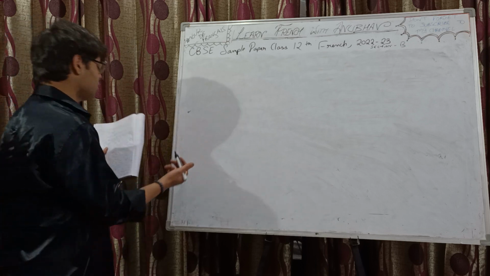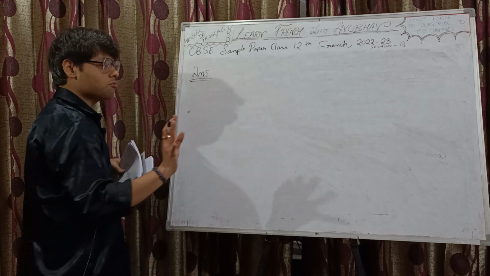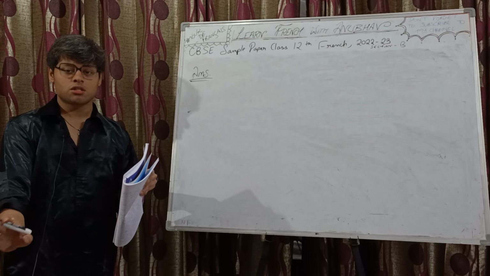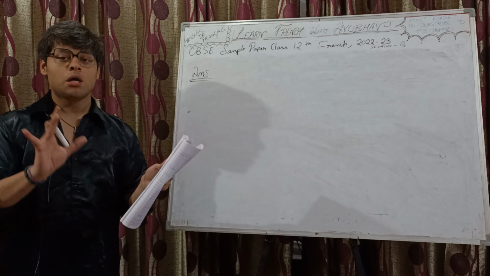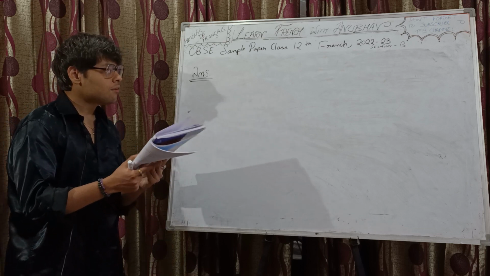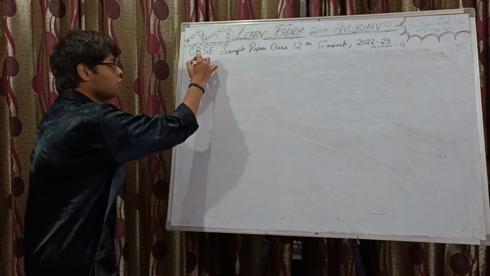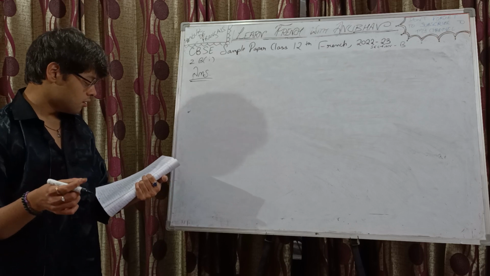Let's begin. Now see, it's an open-ended question, right? So it's literally your creativity, your imagination, how you are going to frame all the clues together to knit a story. We are doing the first option today, okay?